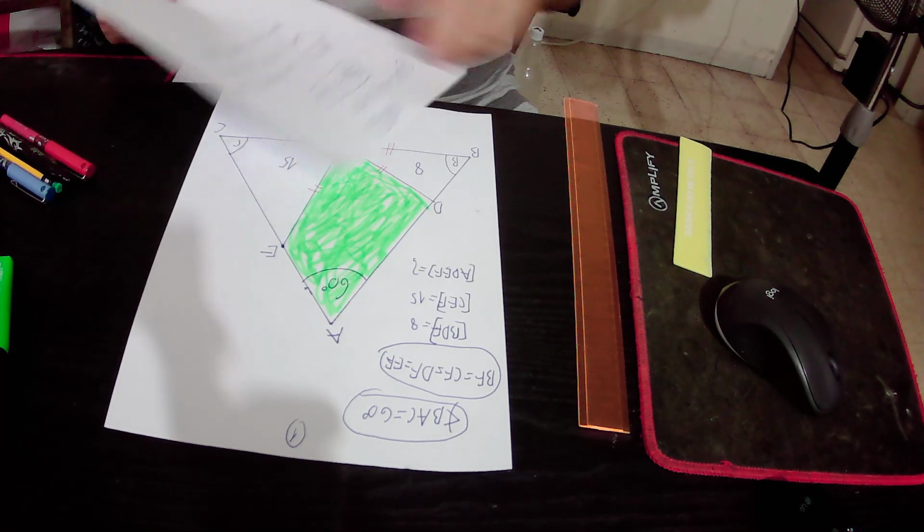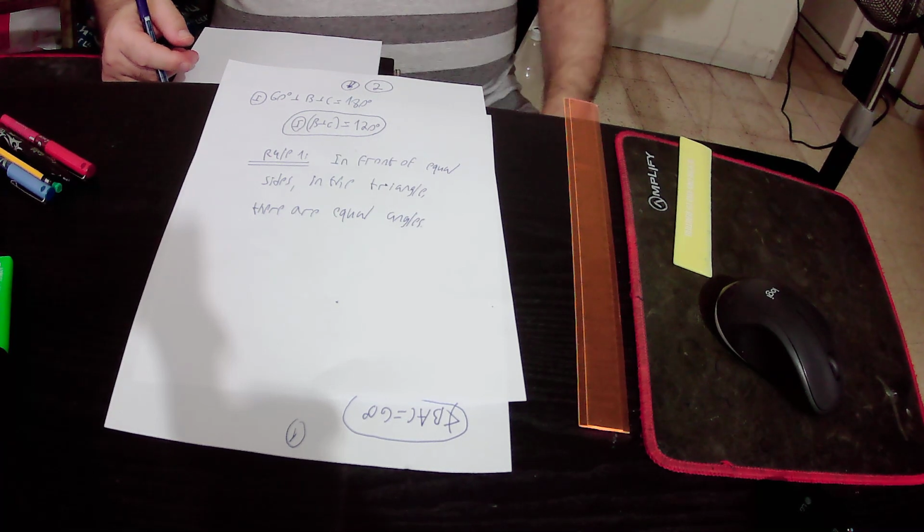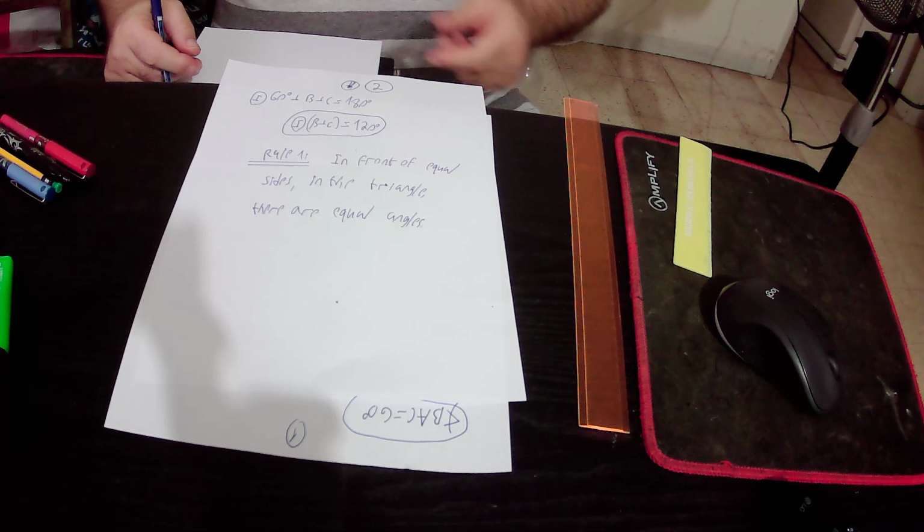So I will read rule number 1 again. Rule number 1 states that in front of equal sides in the triangle there are equal angles.